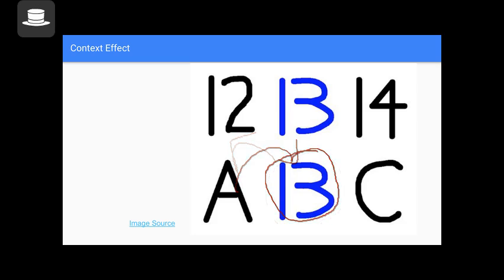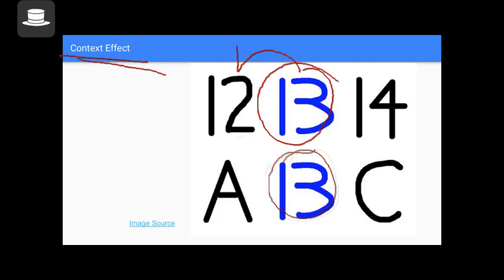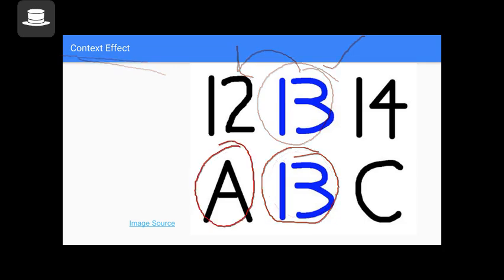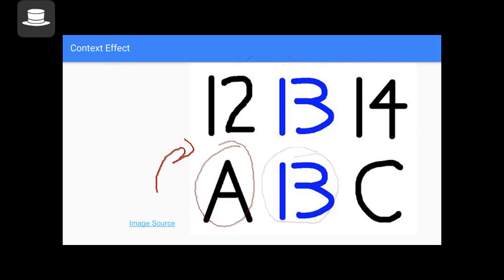Context effect is that the interpretation of an object depends on the context in which you are processing it. If you're processing it in the context of numbers, you interpret it as a number. If you're processing it in the context of alphabets, you will interpret it as an alphabet. So that's a context effect. It is evidence against the second assumption.